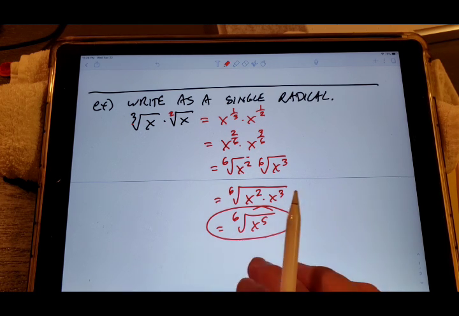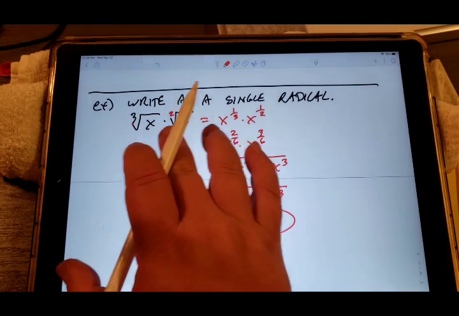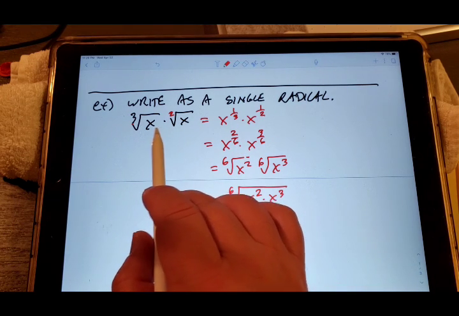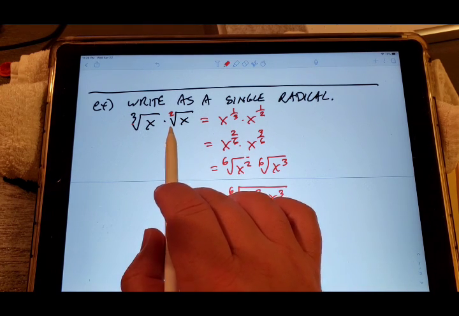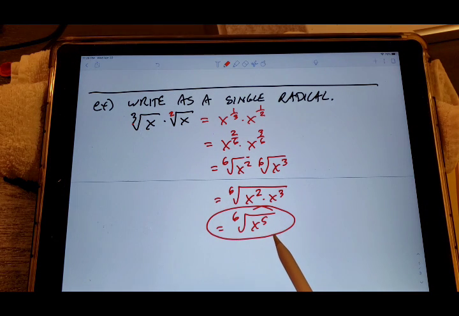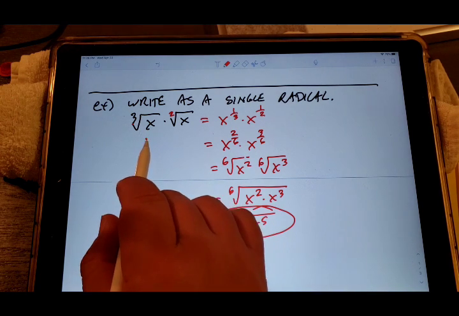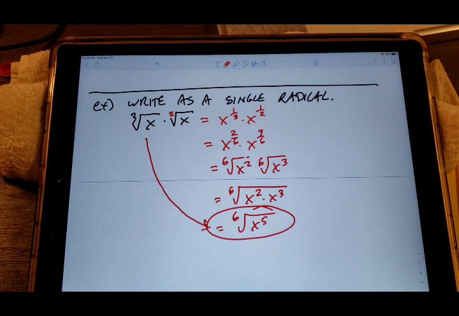This is probably a good example of why we don't try to do all of the work within the radical notation. Just too many steps, and the answer is just too weird to come up with a formula that would shout this answer out directly from here to here. Why is that the answer?